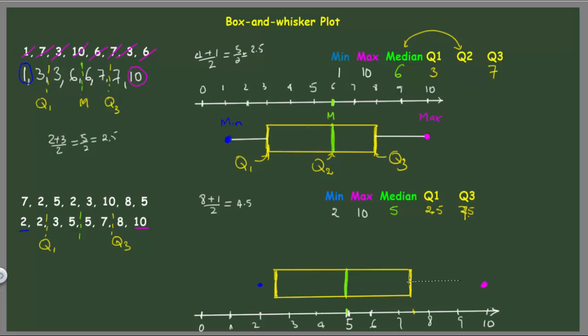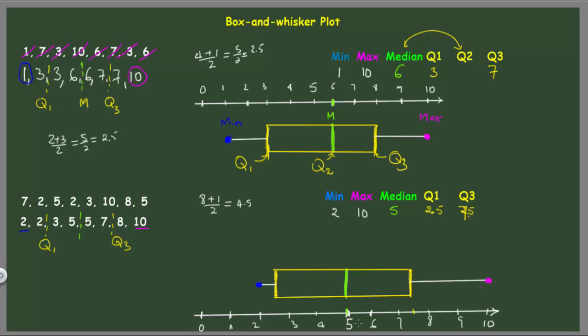So next one. And I can even bring this one directly onto it and go like this. Okay, both ways. All right, that's our box and whisker plot in this case.